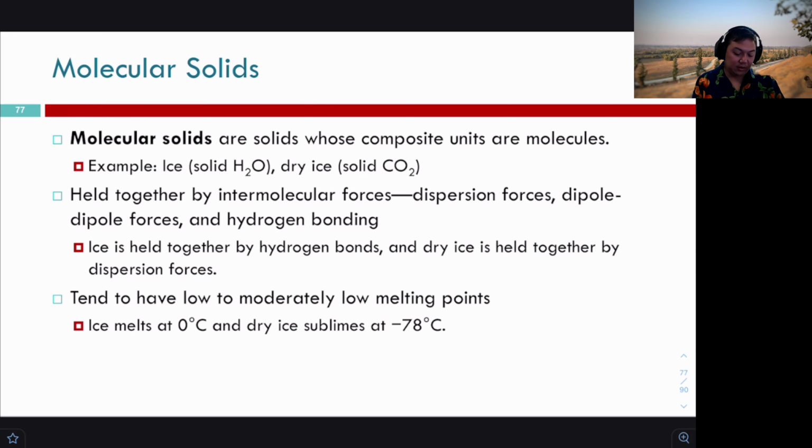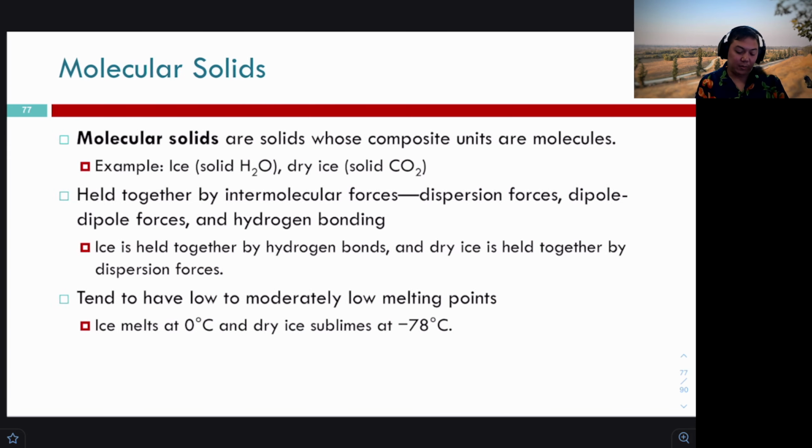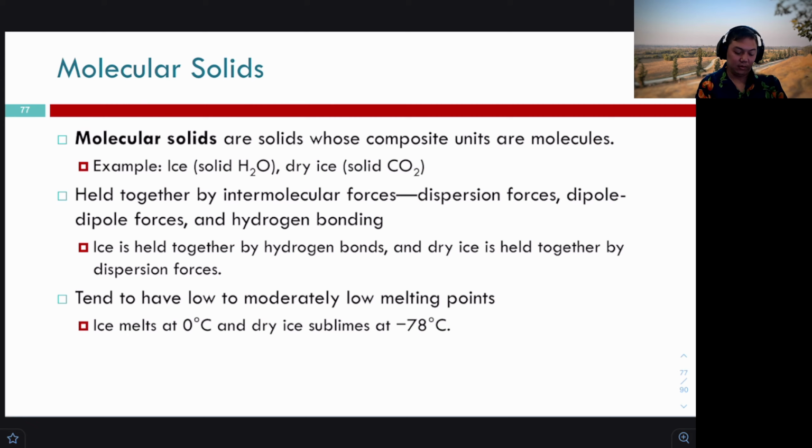Molecular solids, whose composite units are molecules. So ice or dry ice, they're held together by the intermolecular forces that we just talked about, right? So there are molecules, and those molecules are held together by these forces, either dispersion forces, dipole-dipole forces, or hydrogen bonding.